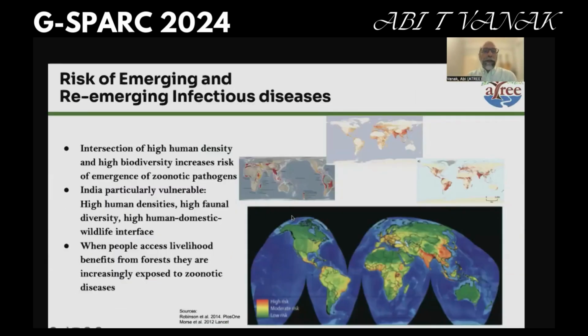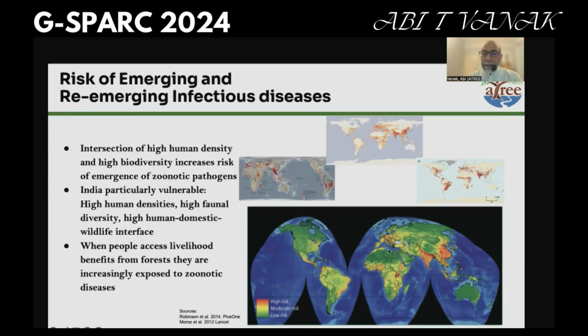Now, countries like India, of course, don't have this luxury of separating where people live and where wildlife are. In this map, I want to highlight a couple of things. If you see all the red areas, you will see that places like India are very bright, which means that areas with the highest livestock, the highest human population, and the highest biodiversity overlap.